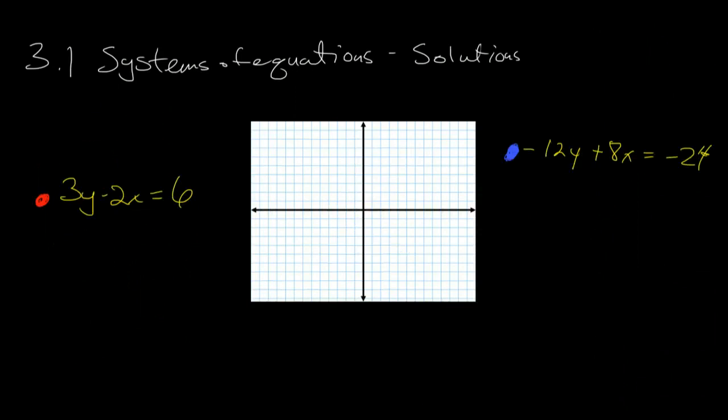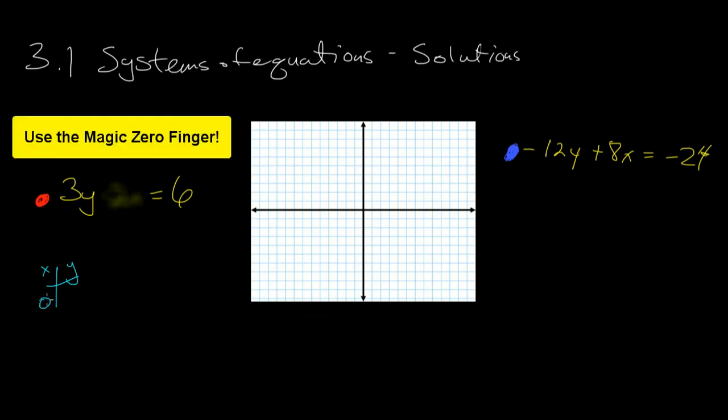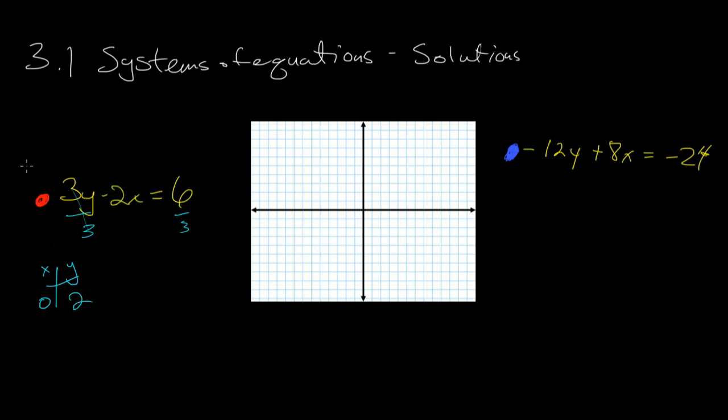This system has two lines, 3y minus 2x is equal to 6. This one says negative 12y plus 8x is equal to negative 24. So let's do this. Let's draw an xy chart and see what happens when we use our x is 0 and solve for y. So when x is 0, divide both sides by 3, and I get that y is equal to 2. So x is 0, y is 2.